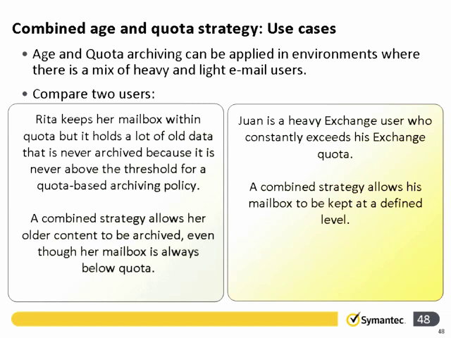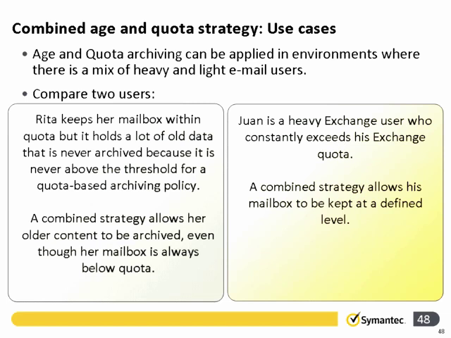So in my particular company here, we've come up with a couple different use cases. First is Rita. Rita keeps her mailbox within the quota, but she has an awful lot of old data, and it's never really archived because it never gets above that quota threshold. So it seems to just stay in her mailbox forever. However, we have a different user named Juan.